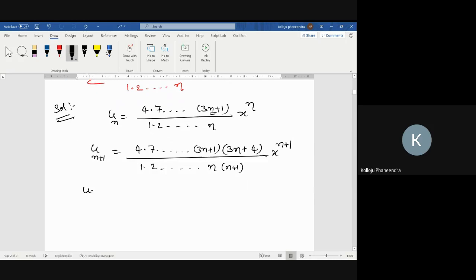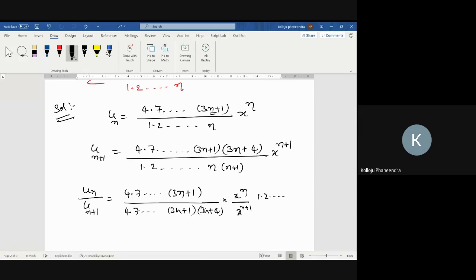Now, take the ratio un by un plus 1. Un by un plus 1: 4 into 7 into 3n plus 1, by similar terms. Writing together, 4 into 7 into 3n plus 1 multiplied by 3n plus 4, and x to the power of n by x to the power of n plus 1.